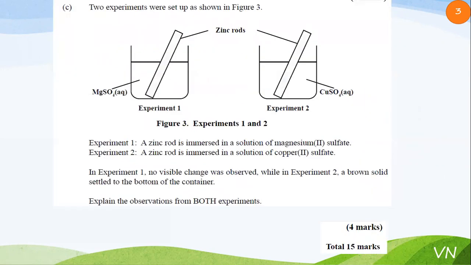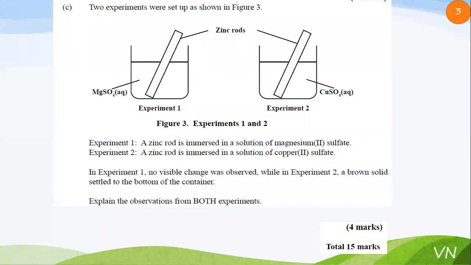All right, so part C of the same question tells us that two experiments were set up as shown in the figure. In one container, we had magnesium sulfate, and in another, we had copper sulfate solution. In both solutions, a zinc rod was placed.